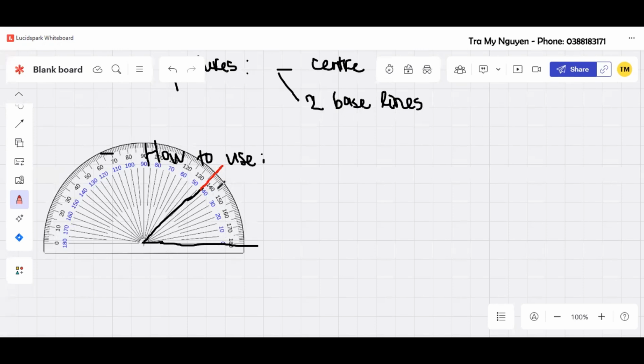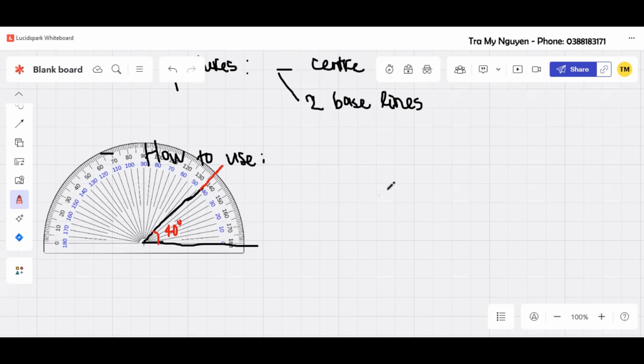It is about 40 degrees. So 40 degrees is the measure of this angle. It is quite easy, right? And that is the usage of the protractor. You can use this tool to measure an angle.